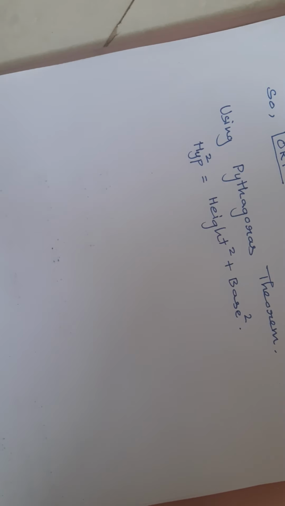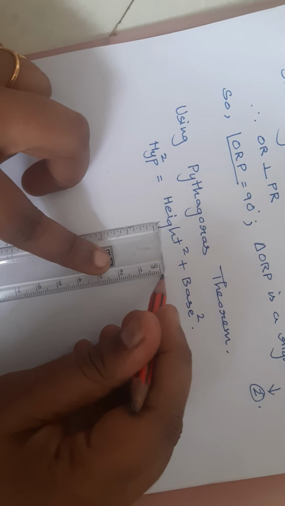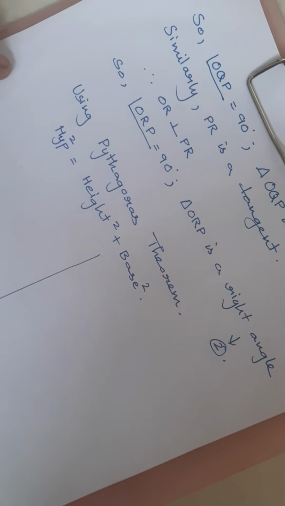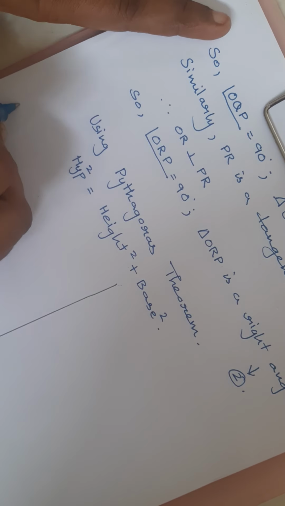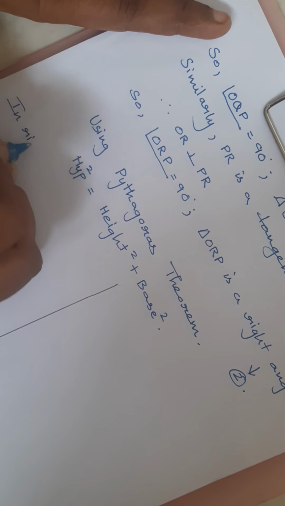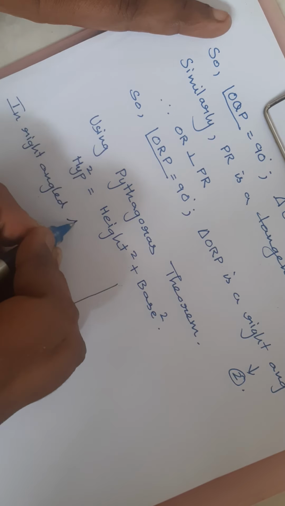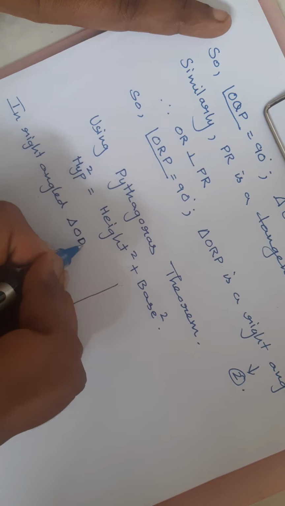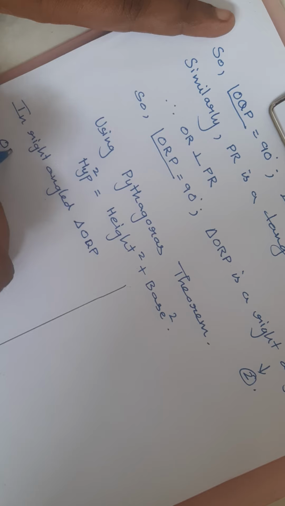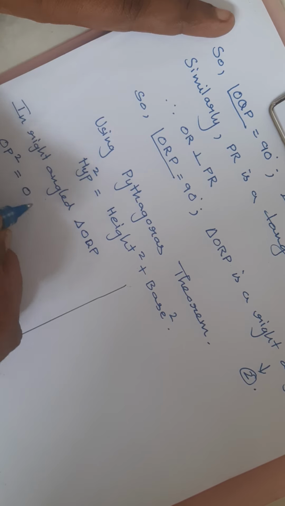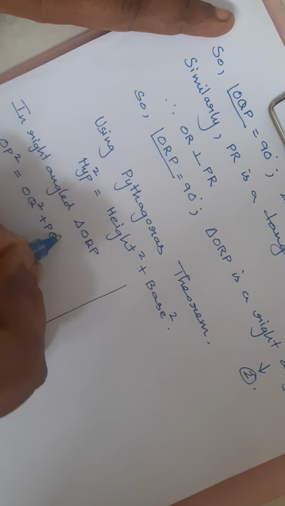So in right angled triangle OQP, OP square equals OQ square plus PQ square.